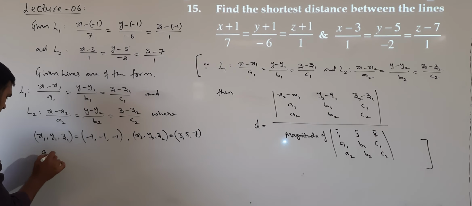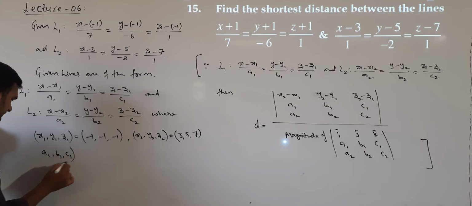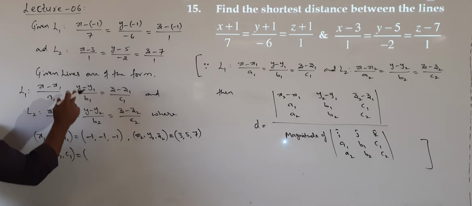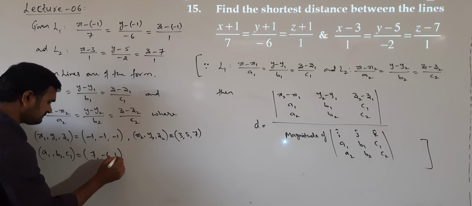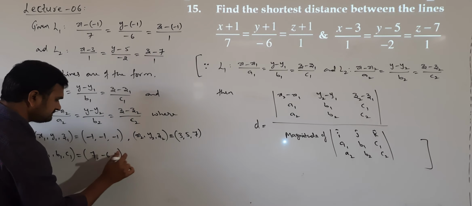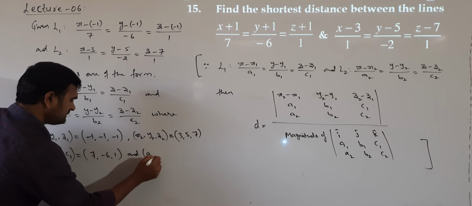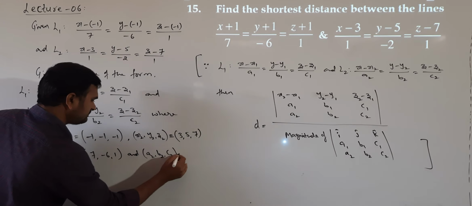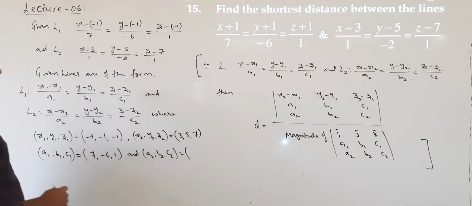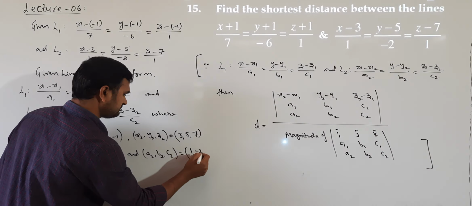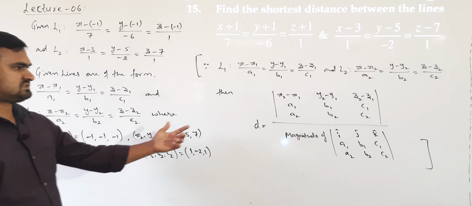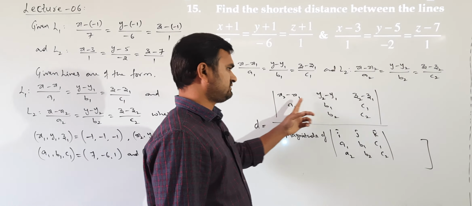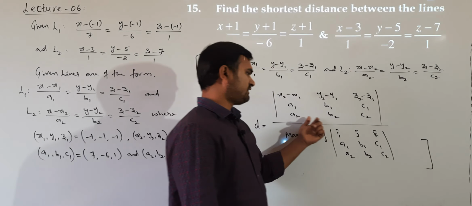Next a1, b1, c1, drs of first line are 7, minus 6, 1, and drs of second line a2, b2, c2 they are 1, minus 2, 1. Right. So we know all these values x1, y1, z1, x2, y2, z2, a1, b1, c1, a2, b2, c2.